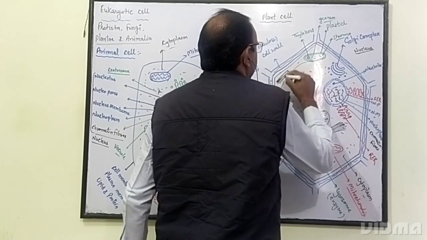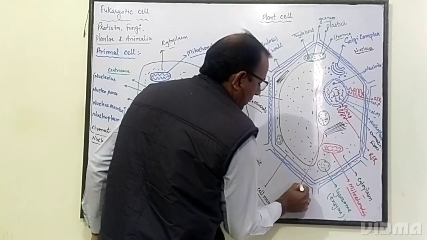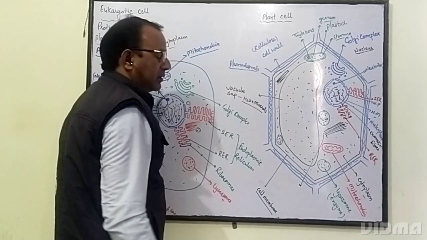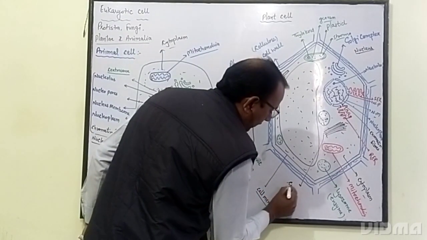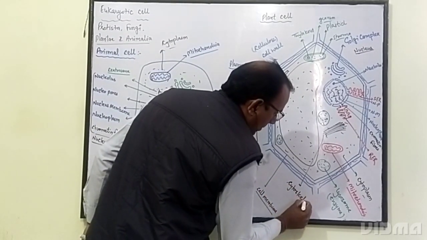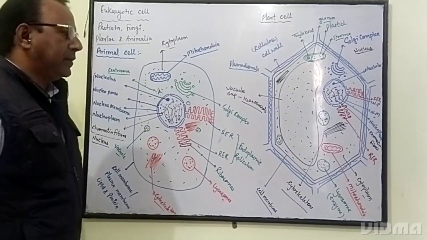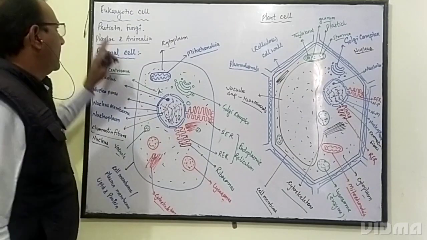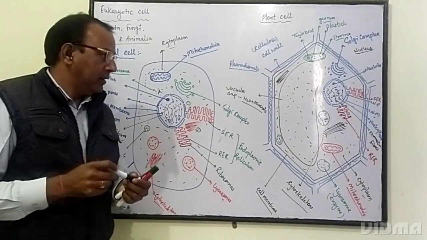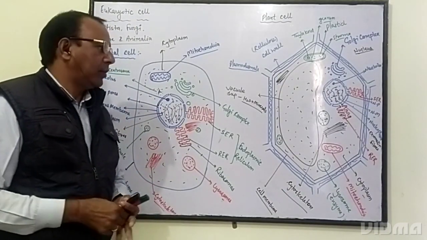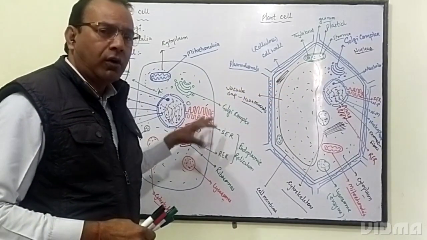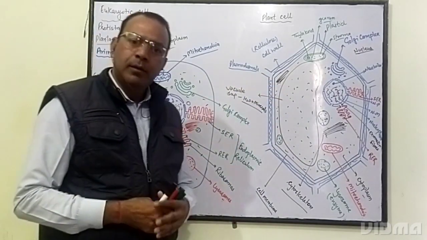These cytoskeleton structures provide the definite shape of the cell. So this is the major difference between the animal cell and the plant cell, and these are eukaryotic cells. In the next part we will discuss all the other cell organelles individually, as well as the plasma membrane.